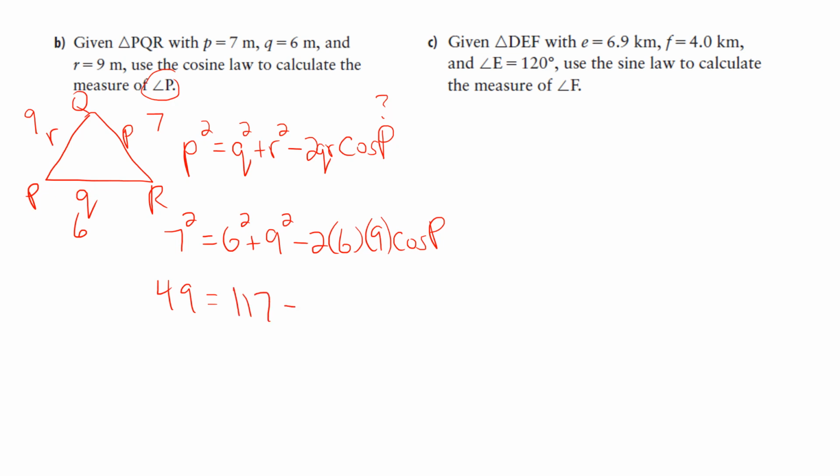And then we can multiply 6 and 9 and 2 together, and that should get us 108. And this is where you have to be careful. This 108 is attached by multiplication to the cos, so we cannot subtract it from 117. This is where we have to start working backwards.